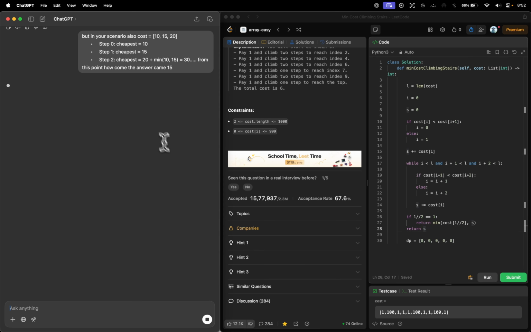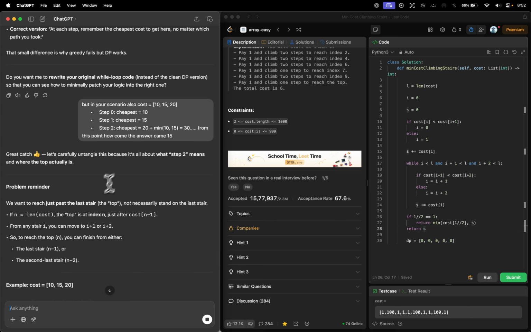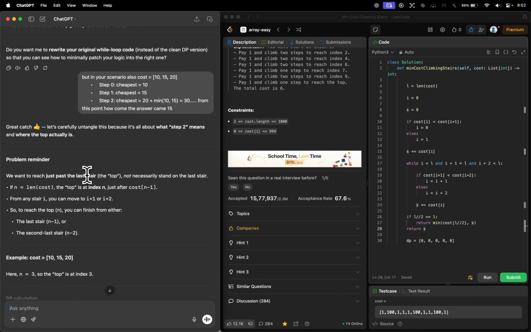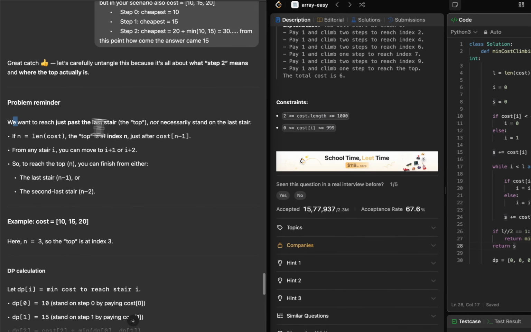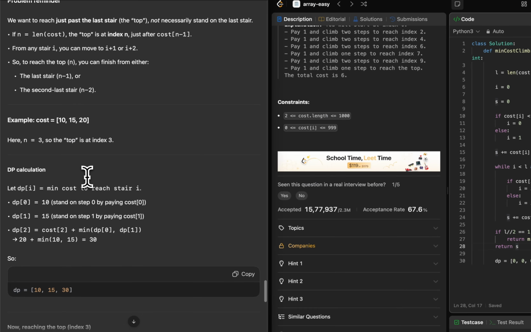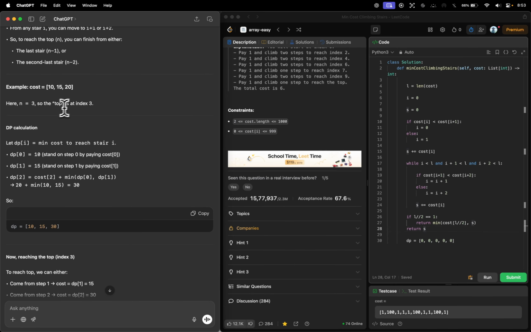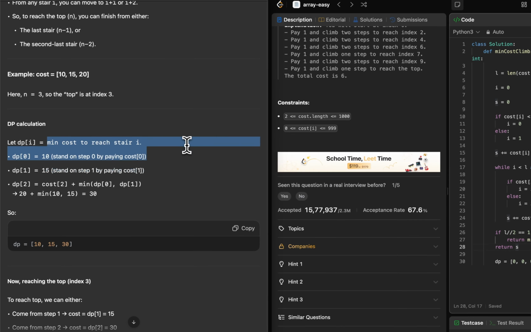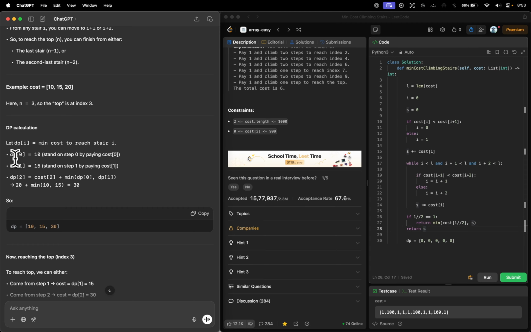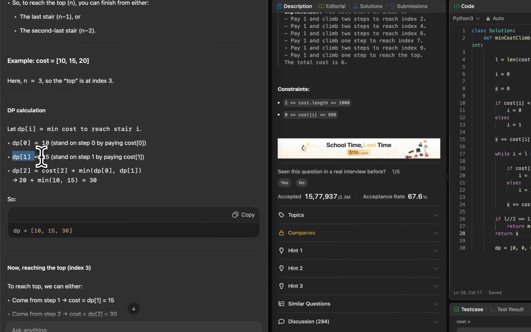Let's see if it gives the answer. Great catch. Let's carefully untangle this, because it's all about what step 2 means and where the top actually is. Problem reminder, I know this, and the DP calculation says that, let's say the top is index 3, minimum cost is 10, and DP at 1 is 15.